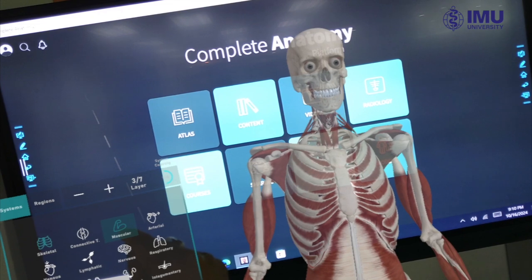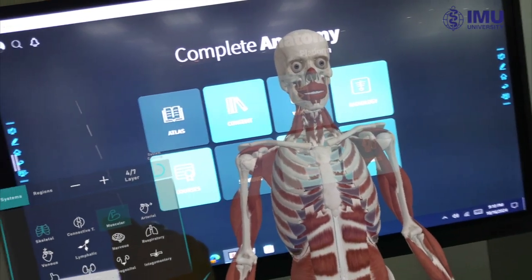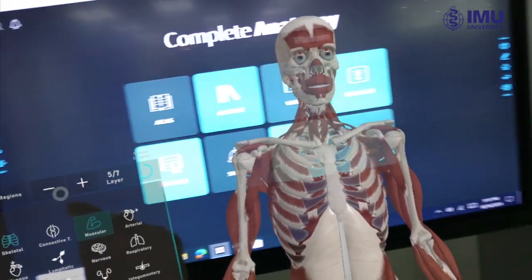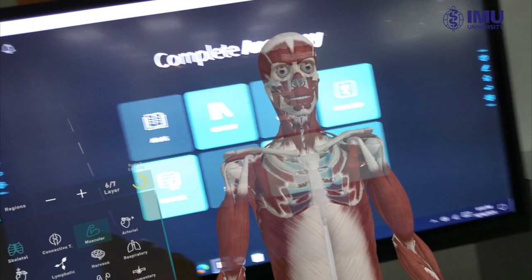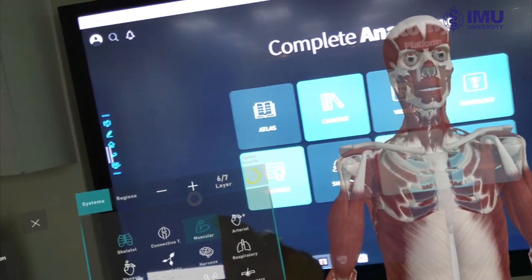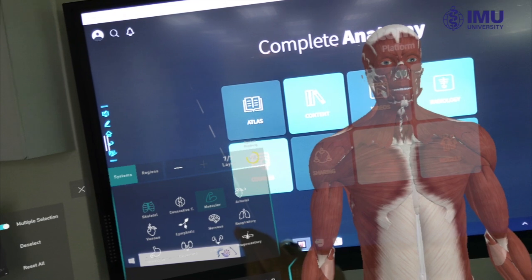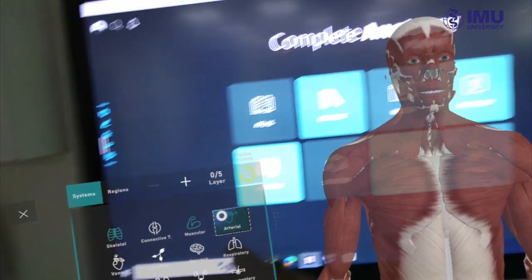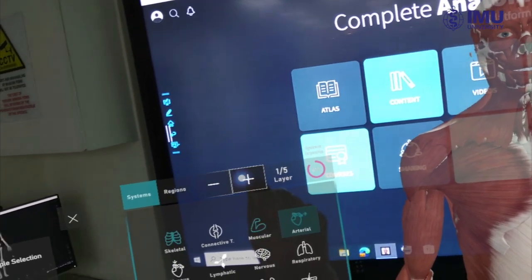At this level you can see the intercostal muscles are added. Maybe from internal intercostal, external intercostal, and as I go now the pectoralis minor is being added, pectoralis major is also being added, and now I want to add the arterial system. So the heart will be added with some of the arteries.